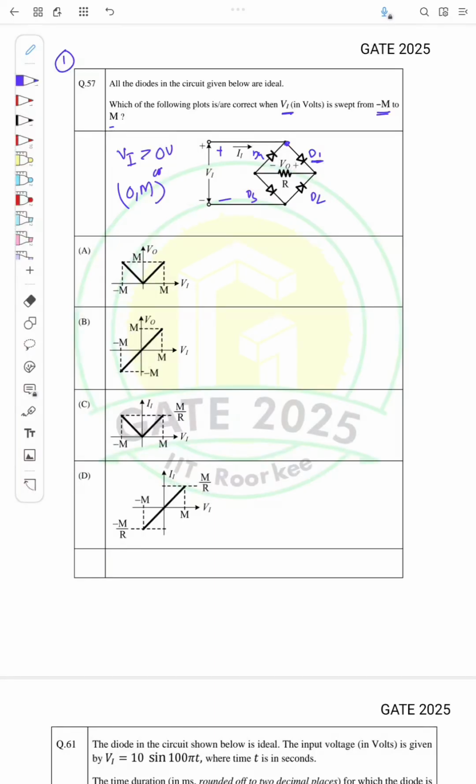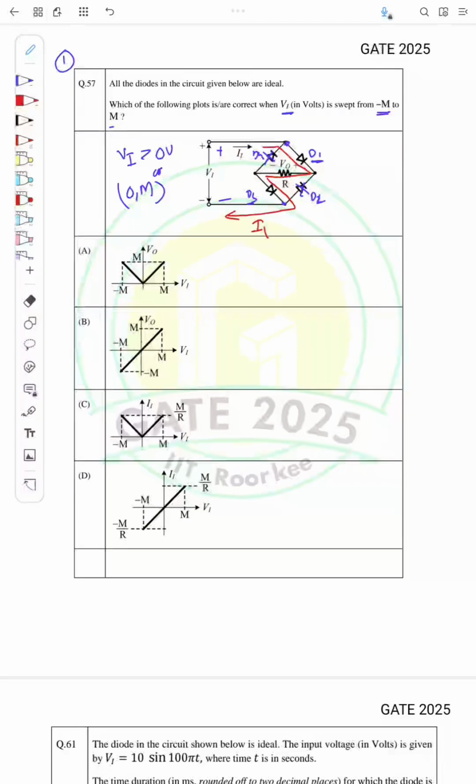D1 and D3 will be on, and D4 and D2 will be off. Because of this, there will be a flow of current through diode D1, through the resistance R, through D3, and it will flow like this. So this will be the current I1.